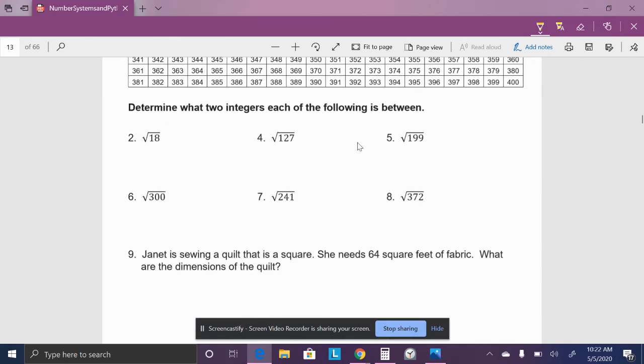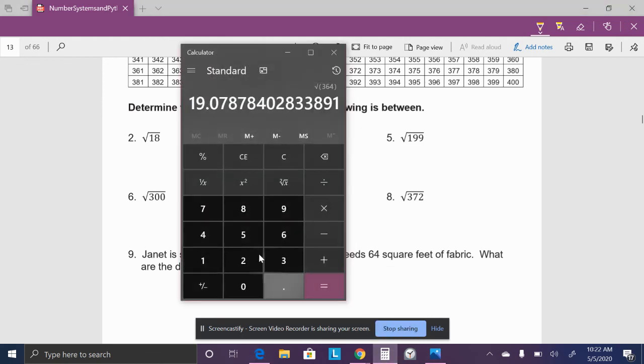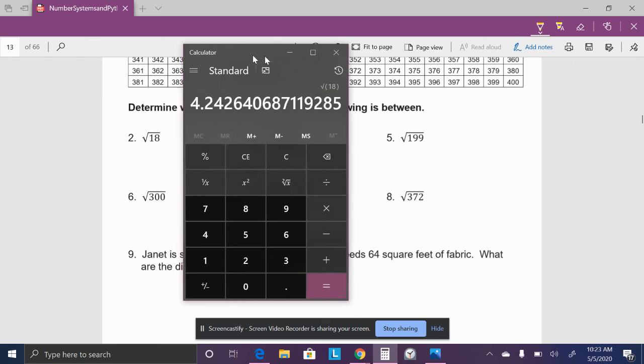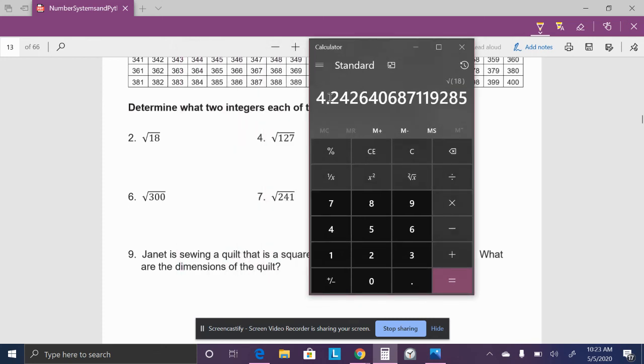Now, if you get to a problem like this, which two integers are these in between, okay? Square root of 18. So if I look at the square root of 18, that is going to be 4.2426, blah, blah, blah, all that good stuff. That's going to be in between 4 and 5 on the number line.